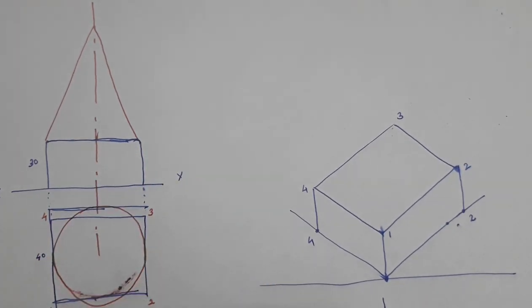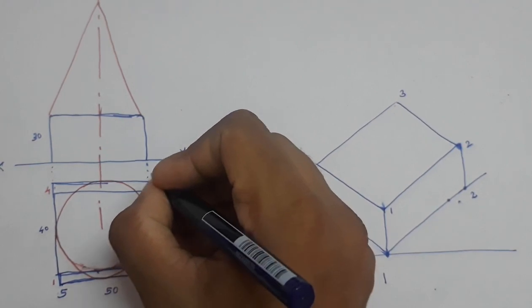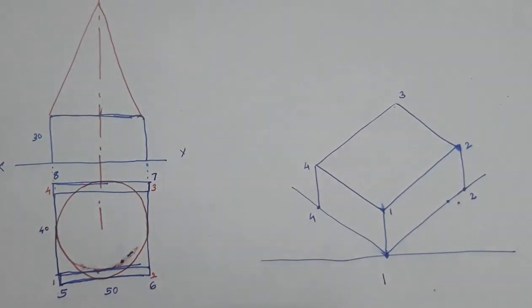Okay, this is to be placed inside a square, and those particular points are named as 5, 6. The one that is nearer to 1 is named as 5, and this point is named as 6. This point is named as 7, and this point is named as 8.